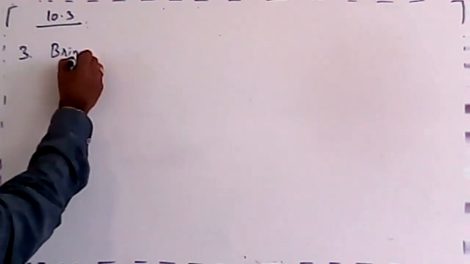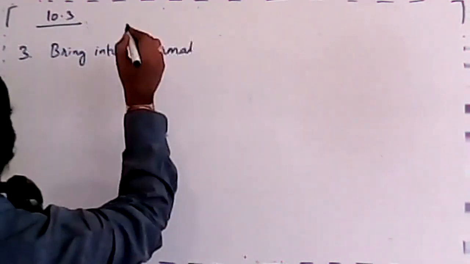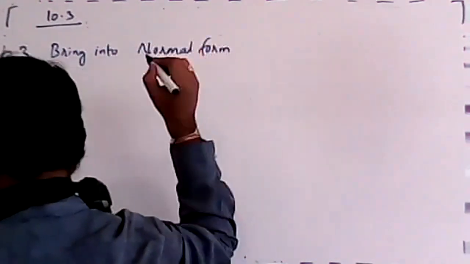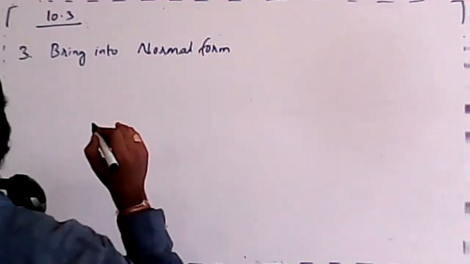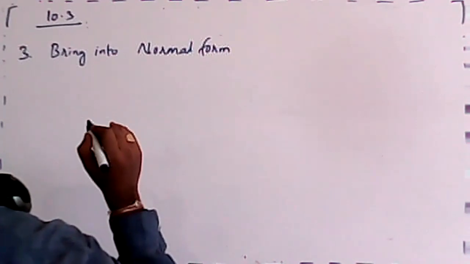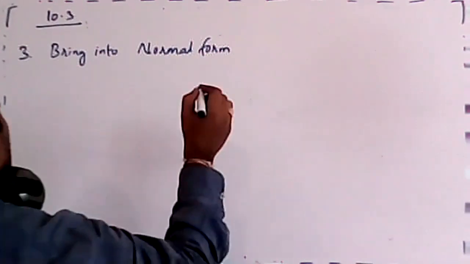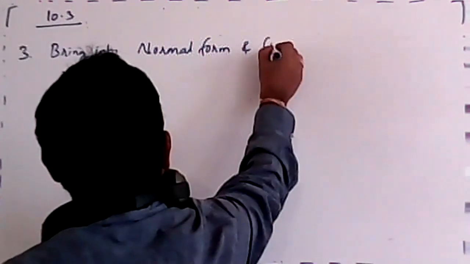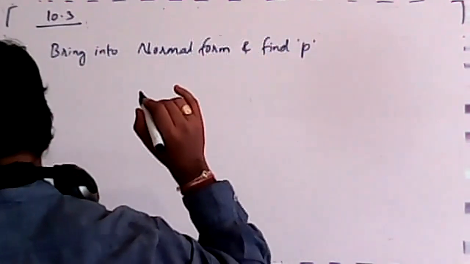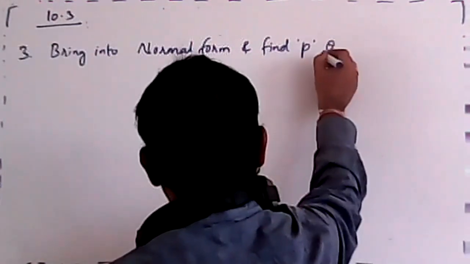Bring it into normal form. And find the perpendicular distance from the origin and the angle between the perpendicular and the positive axis. Find the perpendicular distance from the origin, that is P. And the angle between them, that is theta or omega. You can call it whatever, right?